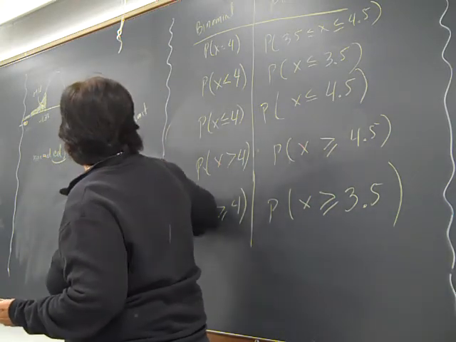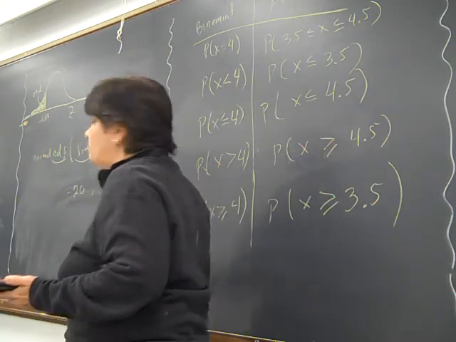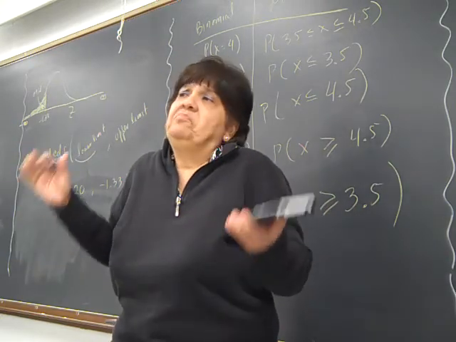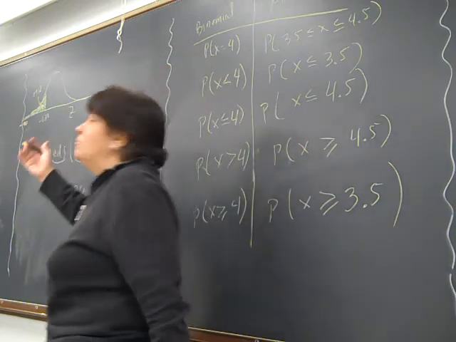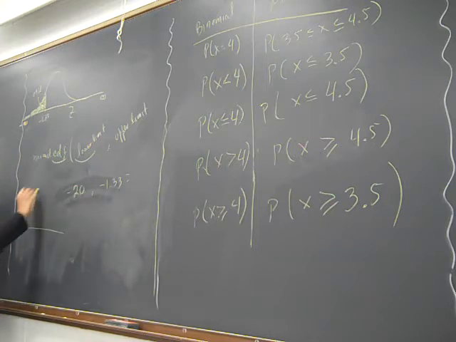So you choose a big number. It can be minus 20 or minus 10, it doesn't matter. Why? Because remember, according to the empirical rule, 99.7% of the data is between minus 3 and plus 3.